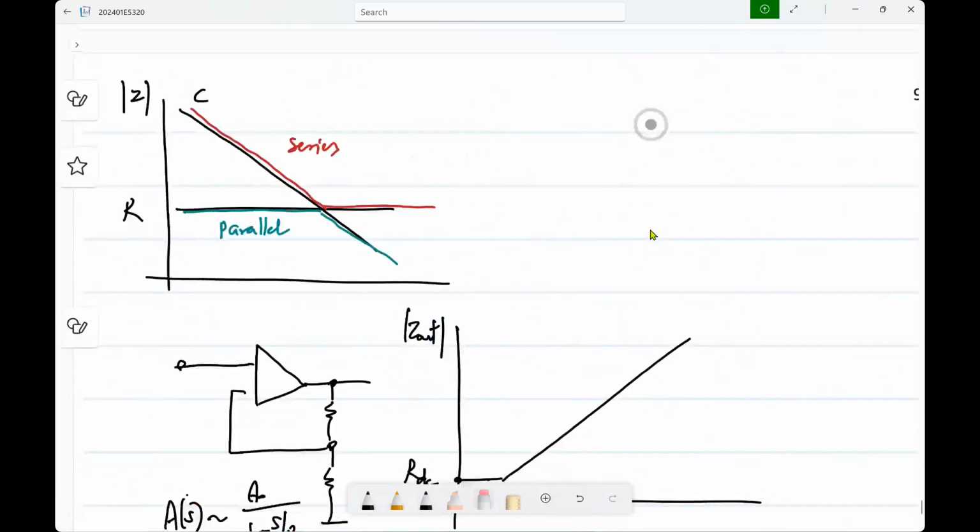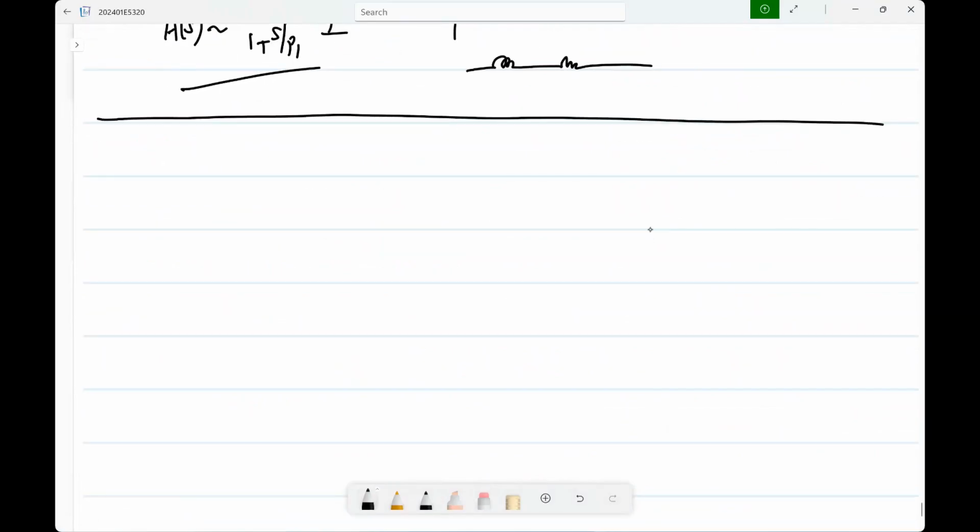Fine. Maybe I'll just write it up anyway. There are many circuits which you can use to generate this.